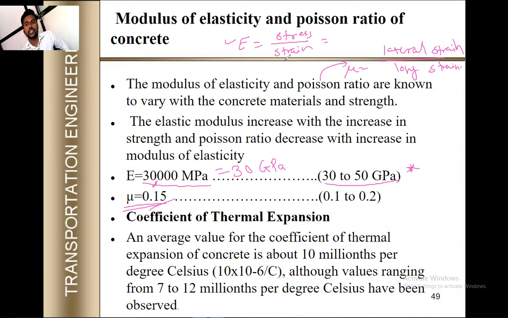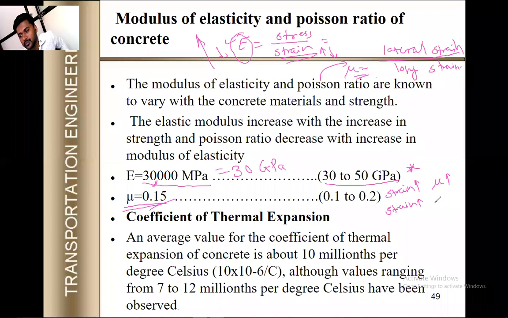As the stress goes on increasing, the modulus of elasticity goes on increasing. When the strain is more, E is less. When E is more, strain will be less, as strain and E are inversely proportional. And if the strain is more, mu is more. When strain increases, mu also increases, and the modulus of elasticity decreases.